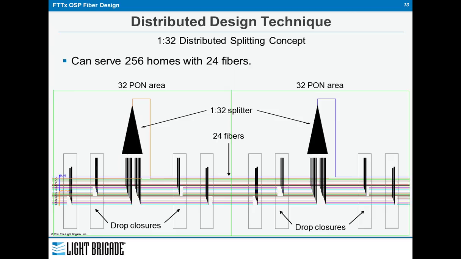So we can't disturb in the second PON fiber 2 through 8, but blue is available as well as the ones that we used in the previous PON. And so fibers are reused from PON to PON, and the ability to serve a substantial number of customers with a very modest fiber count makes this an advantageous design.